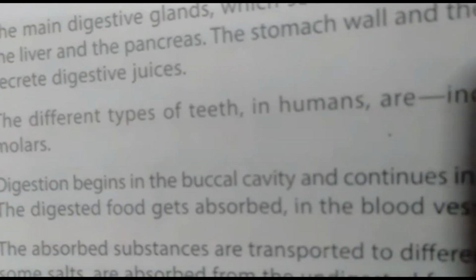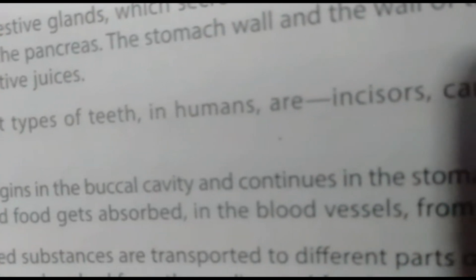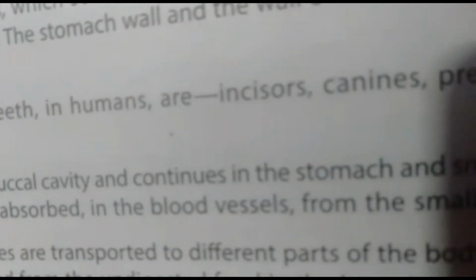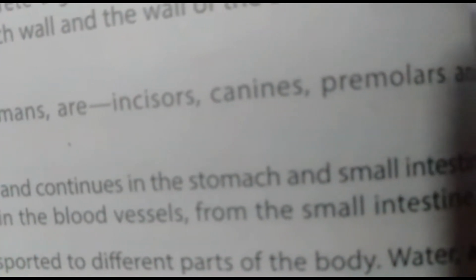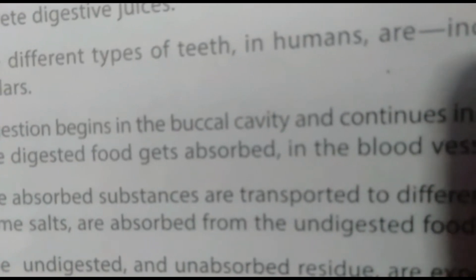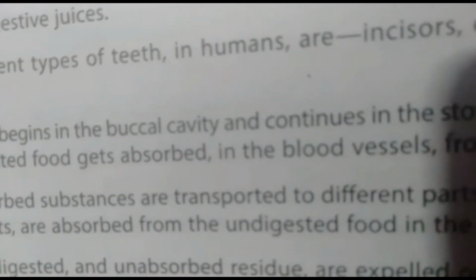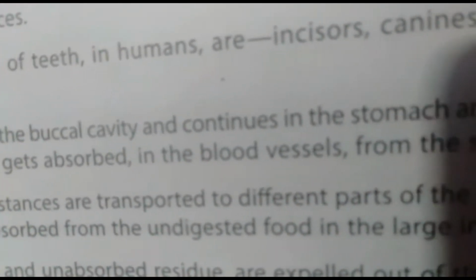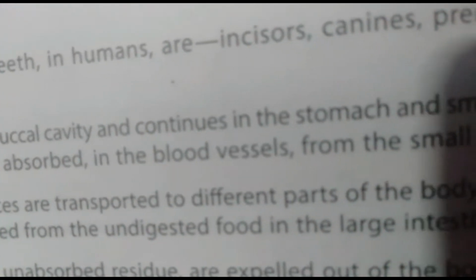The digested food gets absorbed in the blood vessels from the small intestine. We have also discussed that the absorbed substances are transported to different parts of the body.